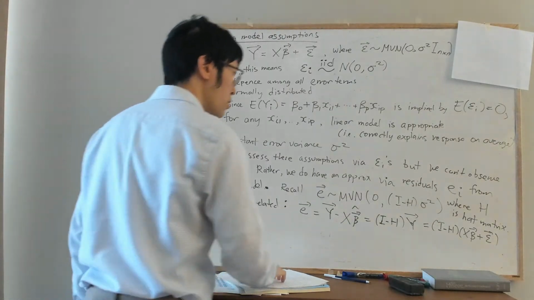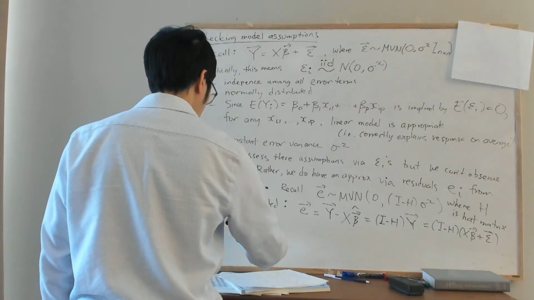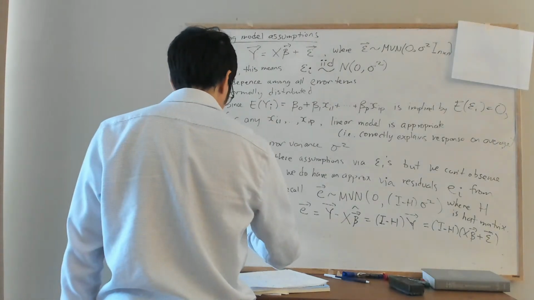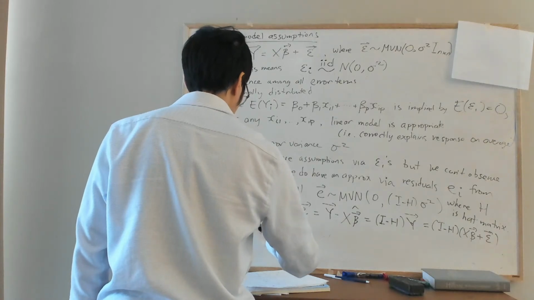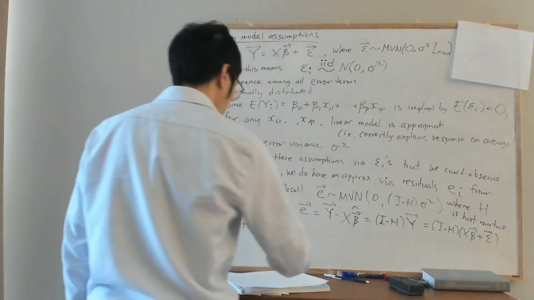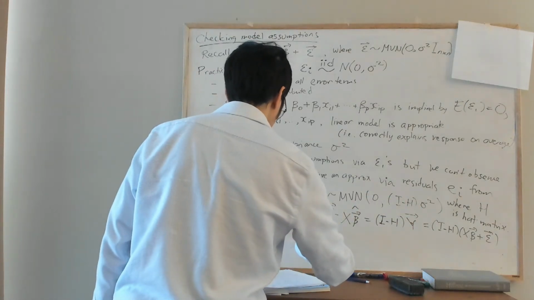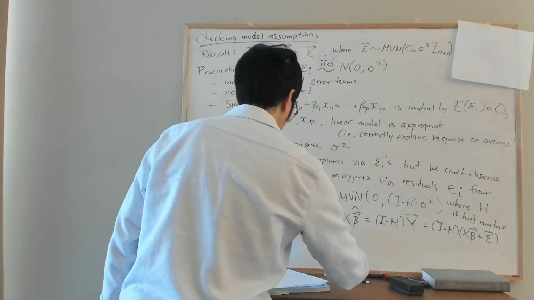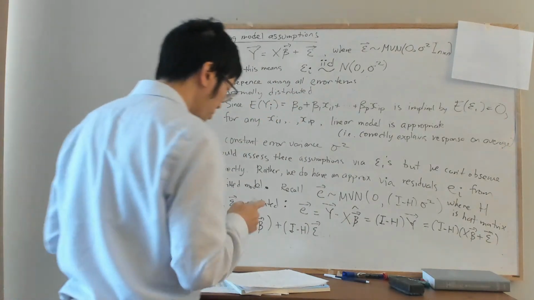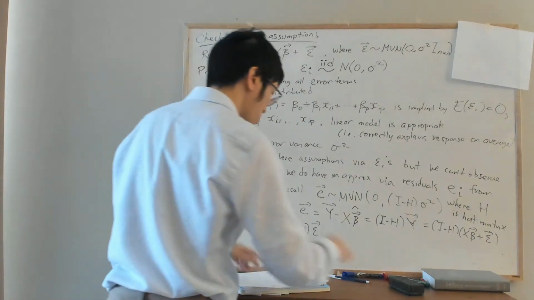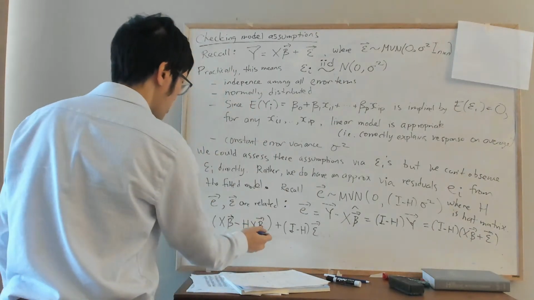We'll have four terms, which I'm going to group like this: x beta minus the hat matrix times x beta, and then identity minus the hat matrix times epsilon. In fact, this first part is 0.